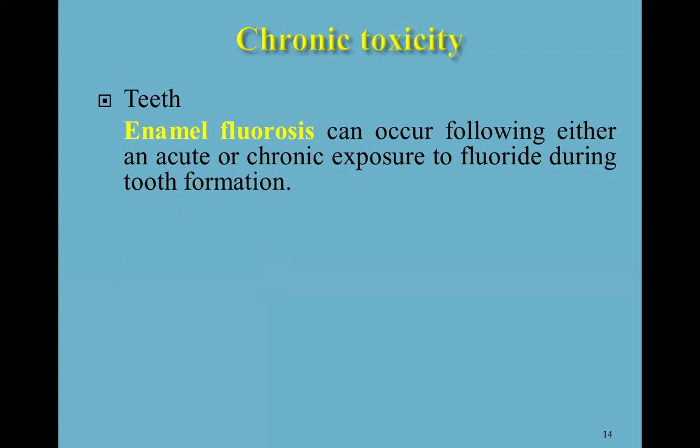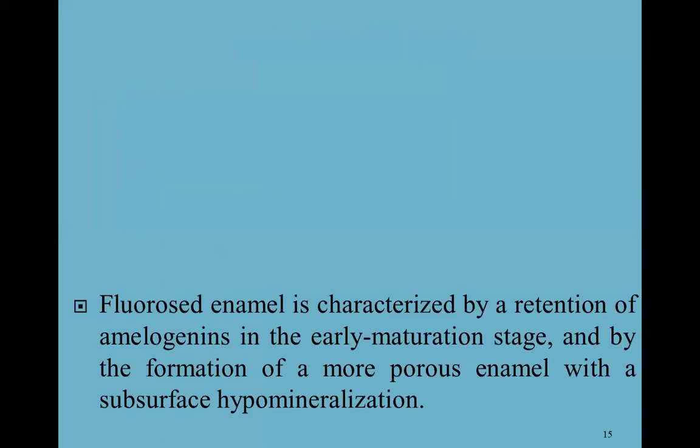Now we'll talk about the chronic toxicity. Teeth enamel fluorosis can occur following either an acute or chronic exposure to fluoride during tooth formation. The fluorosed enamel is characterized by retention of amelogenins in the early maturation stage and by the formation of a more porous enamel with a subsurface hypomineralization.